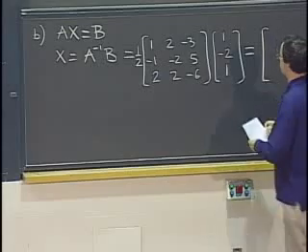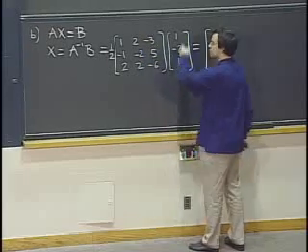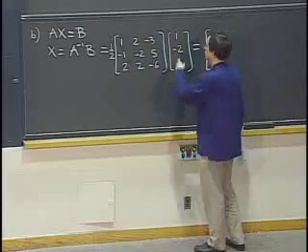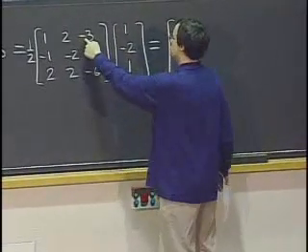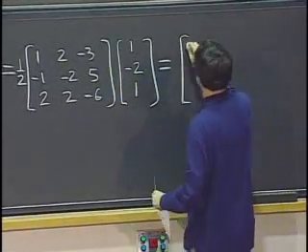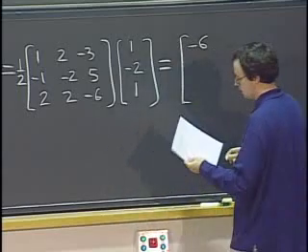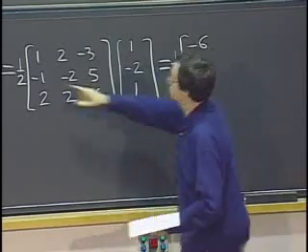Well, so remember, to do a matrix multiplication, you take the rows in here, the columns in here, and you do dot products. So the first entry will be 1 times 1 plus 2 times minus 2 plus minus 3 times 1. That's 1 minus 4 minus 3 should be negative 6, except I still have, of course, a 1/2 in front.